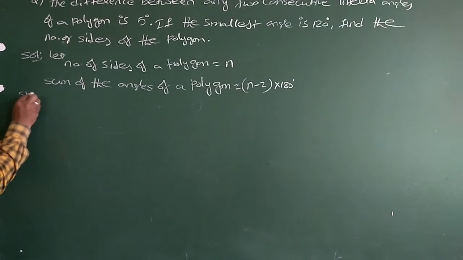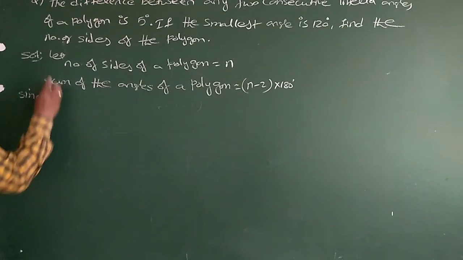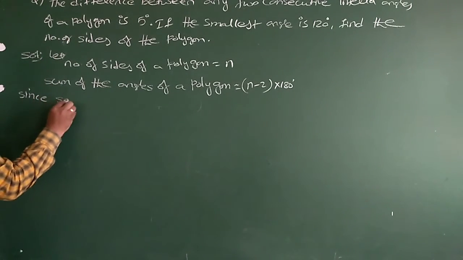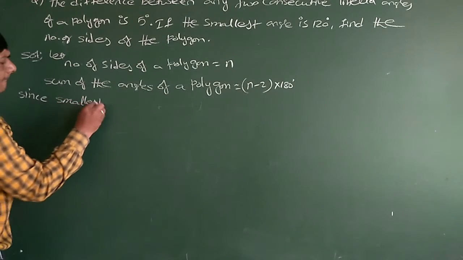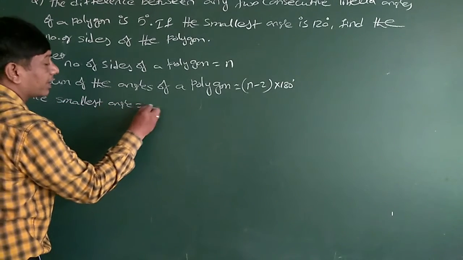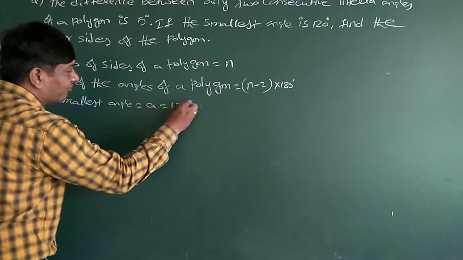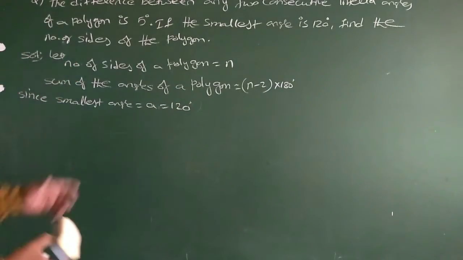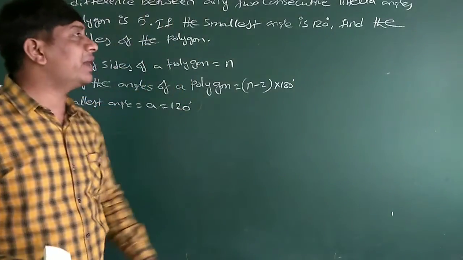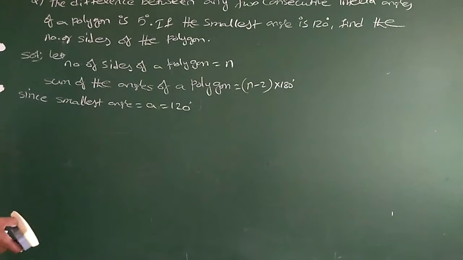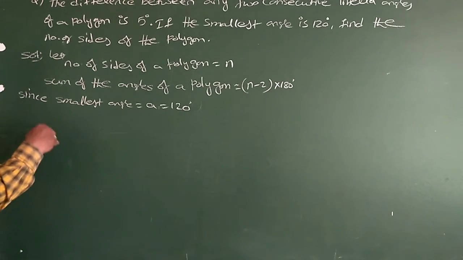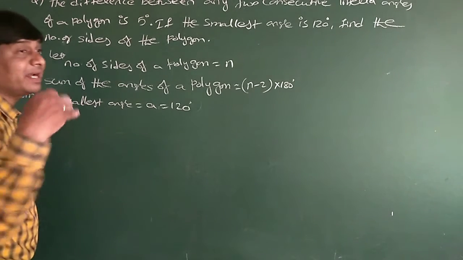Since the smallest angle is a, suppose it is 120 degrees, and since the difference between every two consecutive angles is 5 degrees, that means that is the common difference.